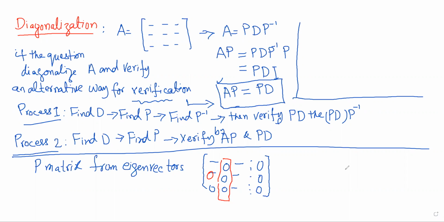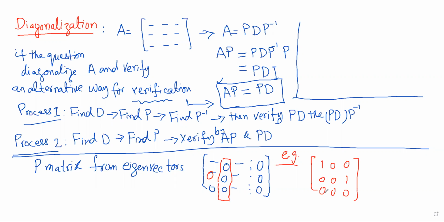After you reduce it to the echelon form, you get a matrix like this: 1, 0, 0, 0, 0, 1, and then 0, 0, 0.